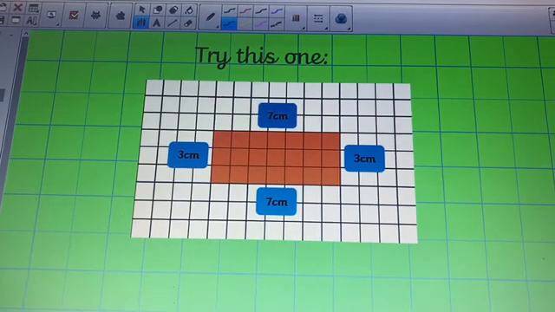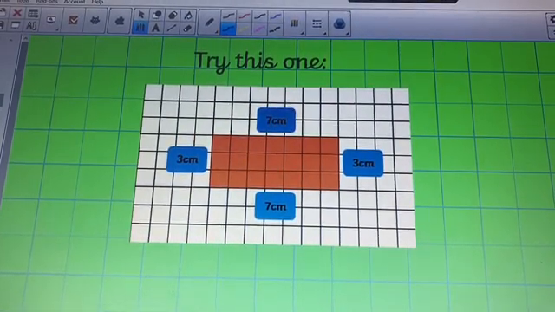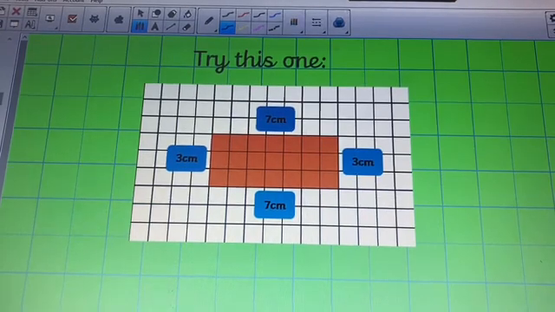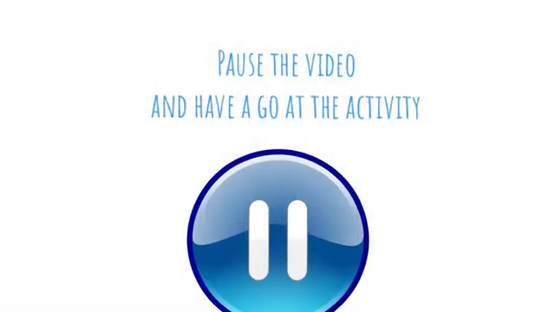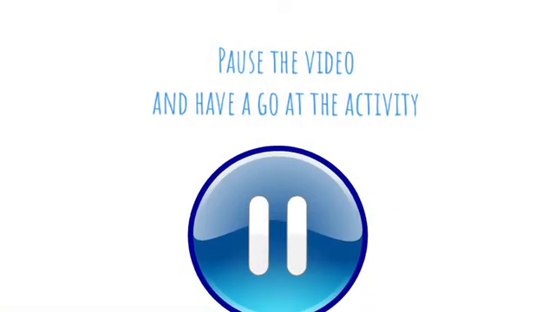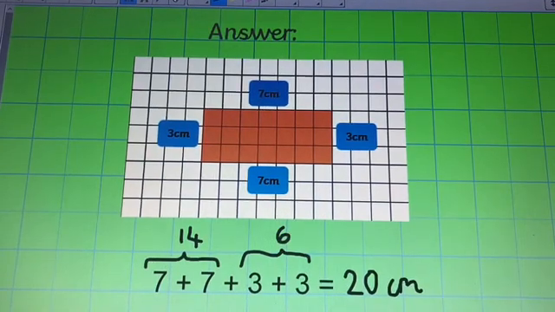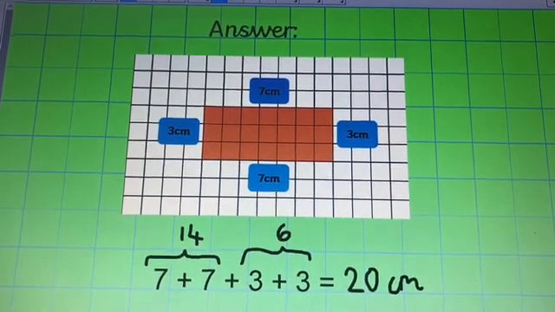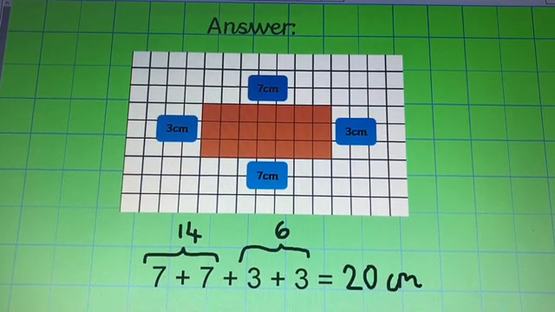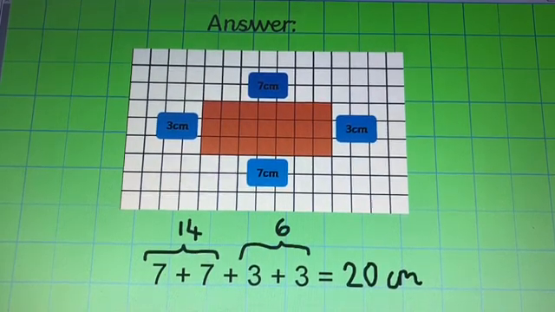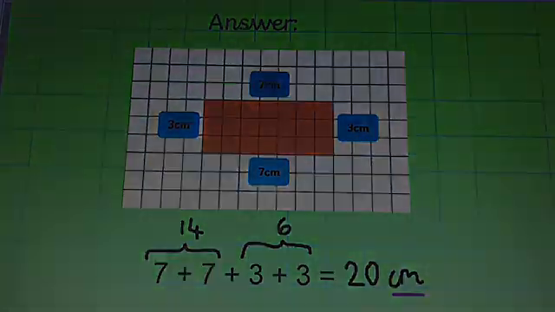Okay, let's see if you can try this one at home. So we've got sides of 7 centimetres and 3 centimetres. See if you can work out the perimeter of this rectangle. Okay, so you needed to add 7, add 7, add 3, add 3. So you can see here we've started 7 add 7 is 14, 3 add 3 is 6, and then together they make 20 centimetres, and we've remembered that unit of measure with our answer.